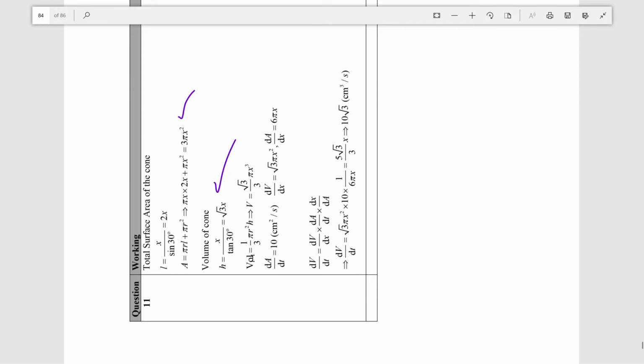So the volume is 1/3 pi r squared h, or 1/3 bh. Doesn't matter because this is an equivalent formula. So v is root 3 over 3 pi x cubed. Yep, we got that. And then dA by dt is 10 centimeters squared per second. This unit is in brackets because it might not be necessary.